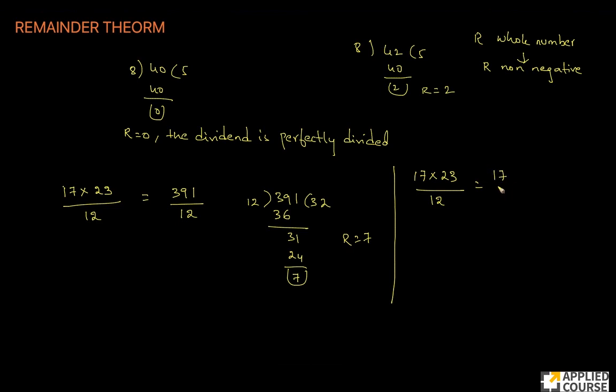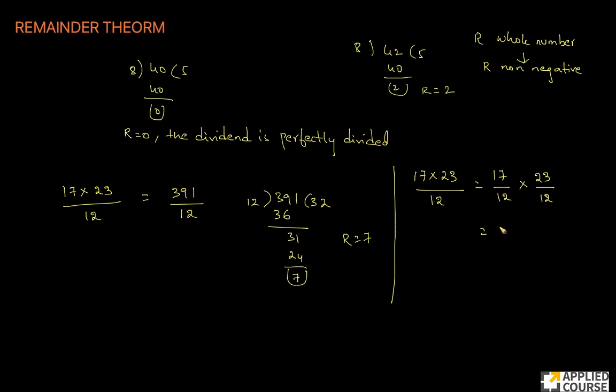What will be the remainder when you divide 17 by 12, and what will be the remainder when you divide 23 by 12? You can apply the remainder logic individually, and then this becomes an easy calculation without using a pen.